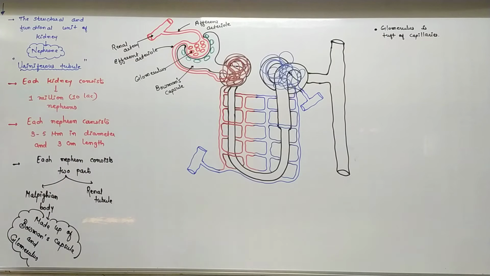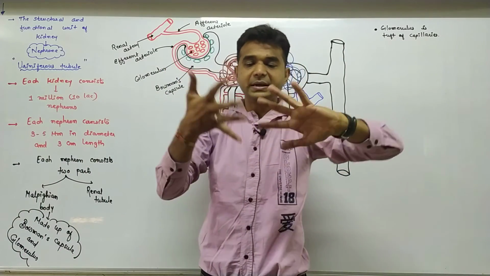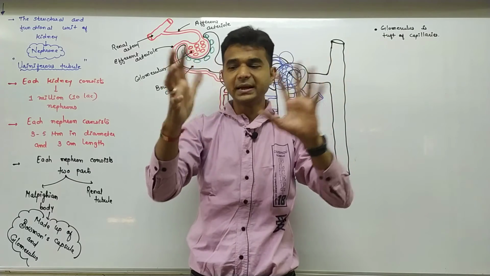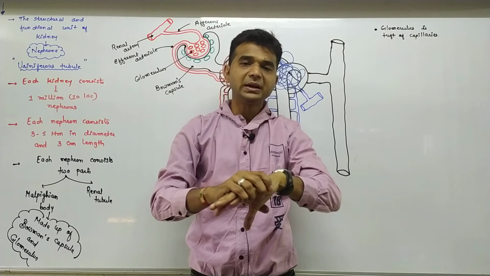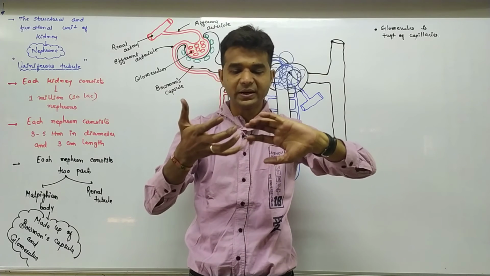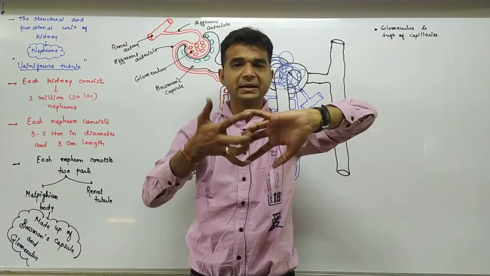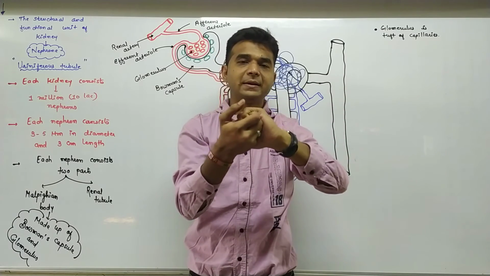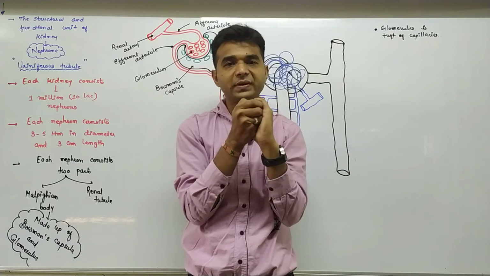Okay, wait. I will show you. Try it now. Here you see my fingers. One hand you assume is the afferent arteriole, and the other hand is the efferent arteriole. Each and every finger is connected in this way, and this is the tuft of capillaries.